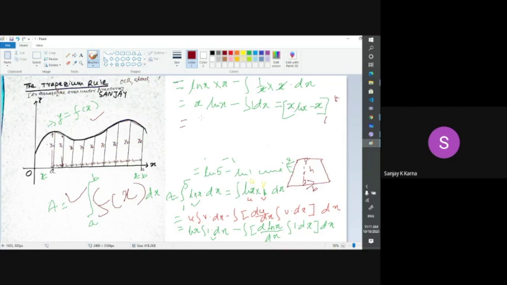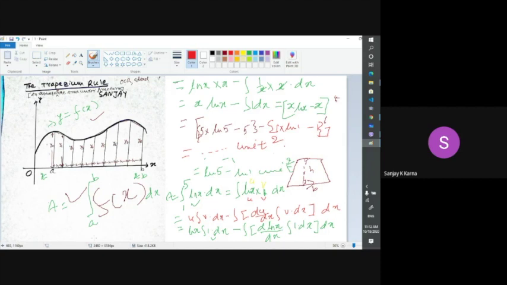First put in the value 5: 5 times ln 5 minus 5, and then minus the other value, 1: 1 times ln 1, which is going to be 0, minus 1. Close this bracket, and once you calculate this either in decimal form or in exact form, it will be the area in square units.